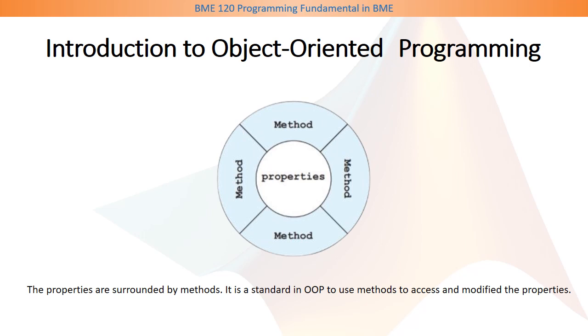In this configuration, you can only access the properties of the object through the methods. In other words, the actions that can change the properties are well tested so that the properties will be protected from any inadvertent changes from the outside world.